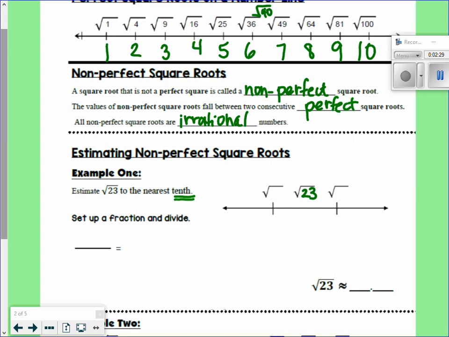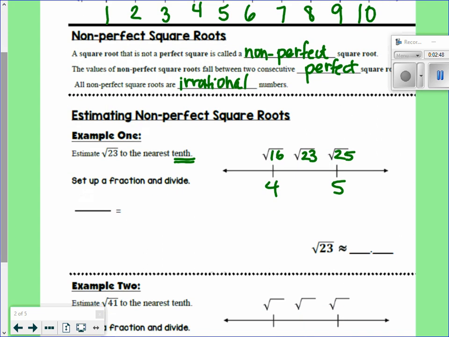And the perfect square root that comes right before it is what? Square root of 16. Square root of 16 is what? Someone said 4. And then what's the other one? The square root of 25 is 5. Do you see how it's always consecutive? 4, 5, 6, 7, 8, 9. Awesome. All right. So we know that the square root of 23 is about 4 point something.